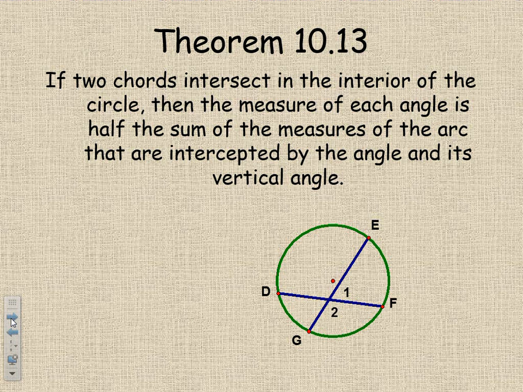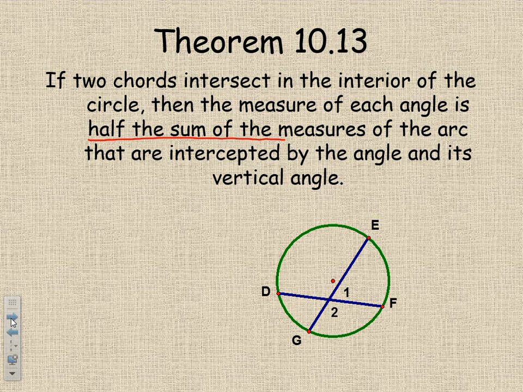All right, so then the measure of each angle is half of the sum of the measures of the arcs that are intercepted by the angle and its vertical angle, okay? This is very, very wordy. But what it comes down to is just looking at half of the sum of some arcs. Okay, that's really what it comes down to.